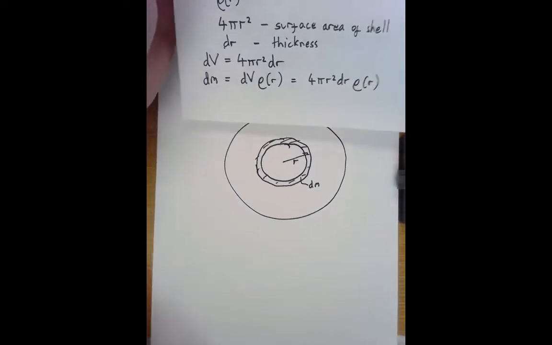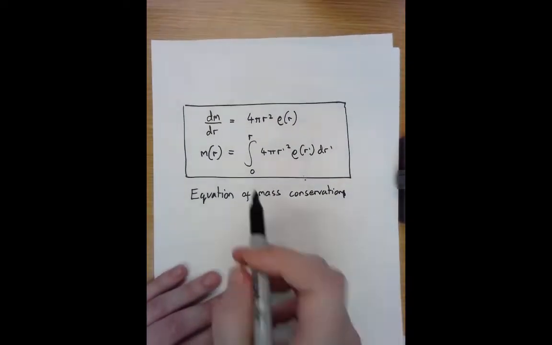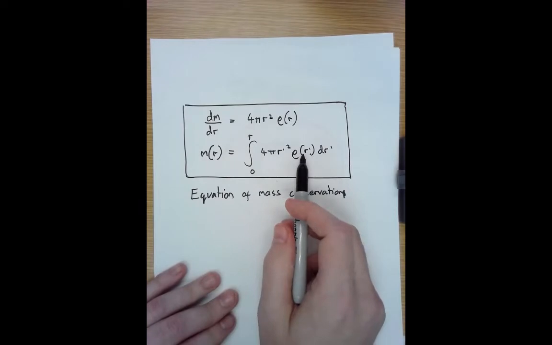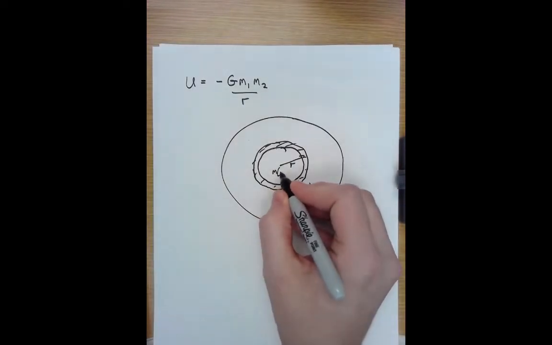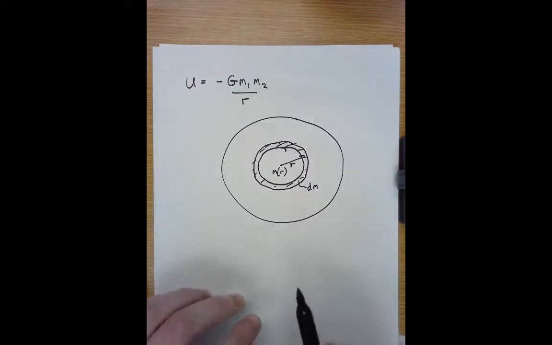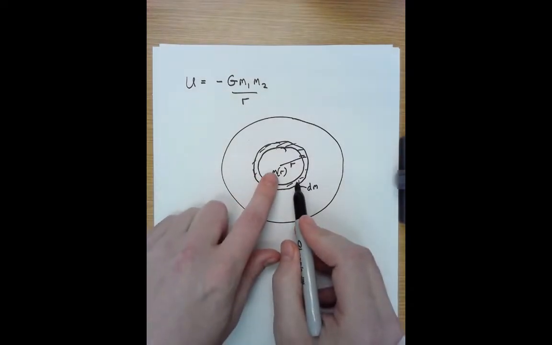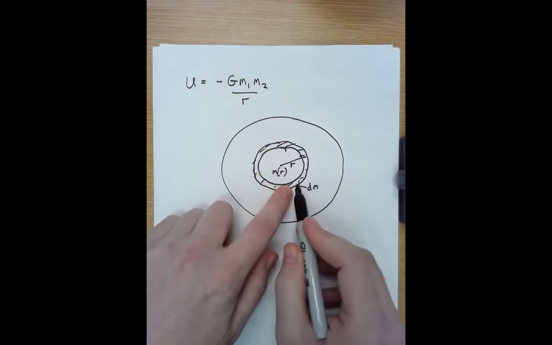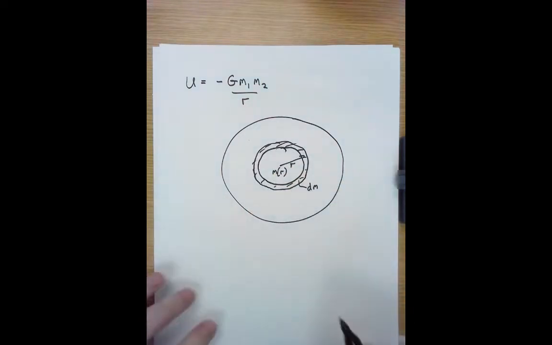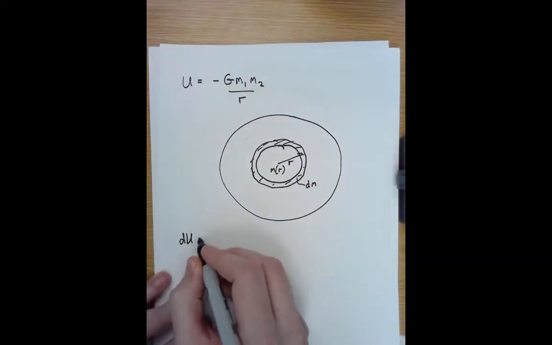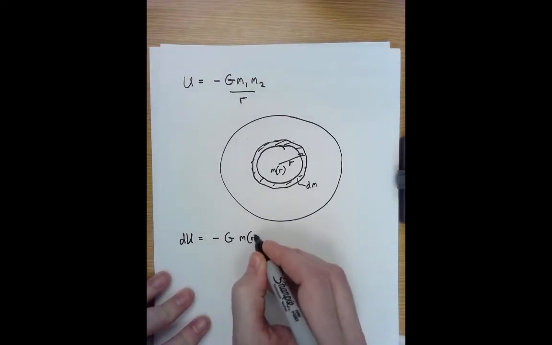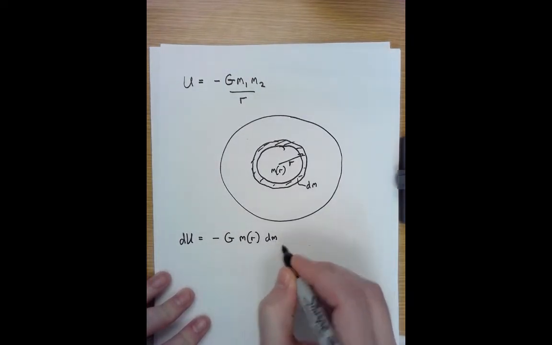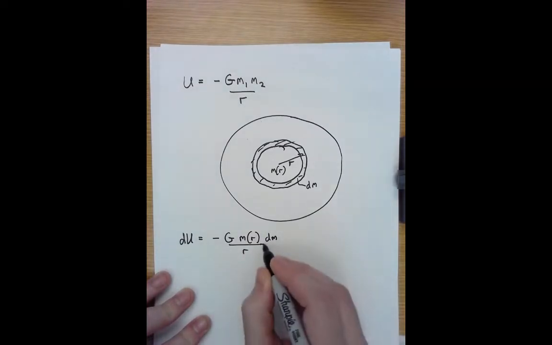And the mass inside of that spherical shell is given by this equation of mass conservation here. So the gravitational potential energy associated with these two masses, m of r and the dm that we've put on top of it, we can call this dU, and it's equal to minus G times the mass inside radius r times dm divided by r.